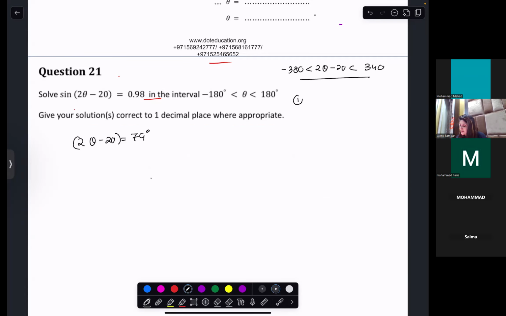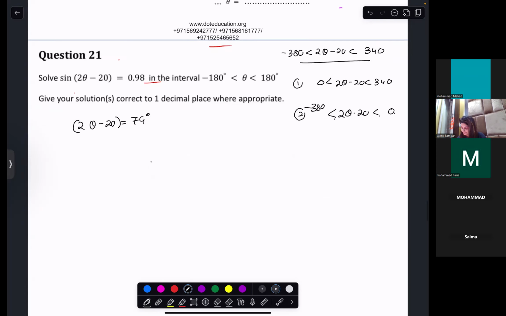I'm going to work for two ranges. My first range would be 0 to 340, and the second range would be minus 380 to 0. I hope you're with me.